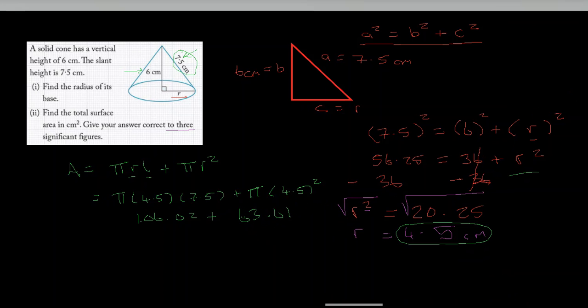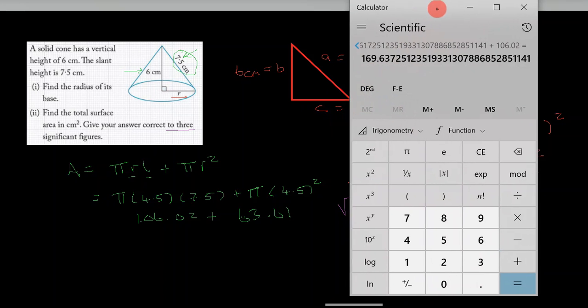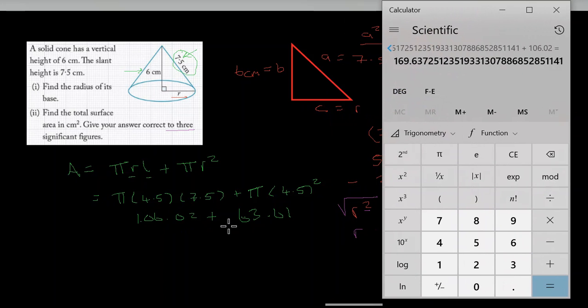Then if we add these together, 63.61 plus 106.02, it's equal to 169.63. So that's when we add these two together.